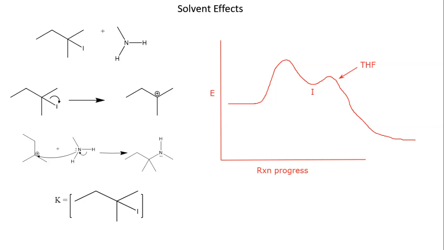Again, we start our rate determining step, and we form our products. Actually, your products would probably be the same energy. It's just hard to draw freehand with this. And let's say this one we used methanol.